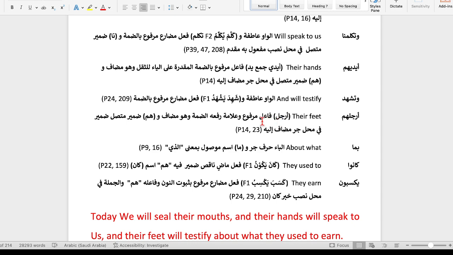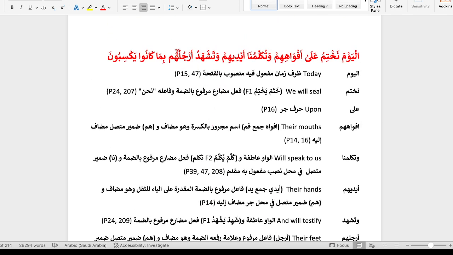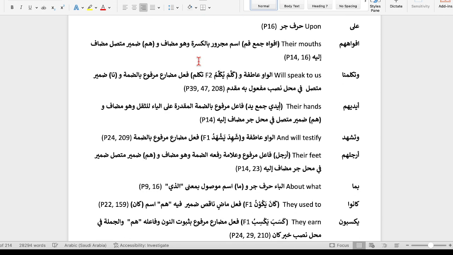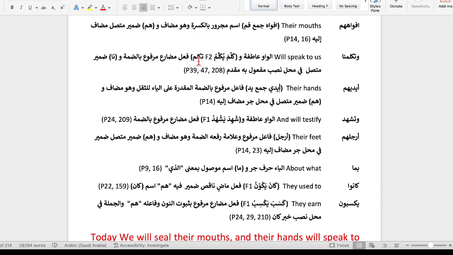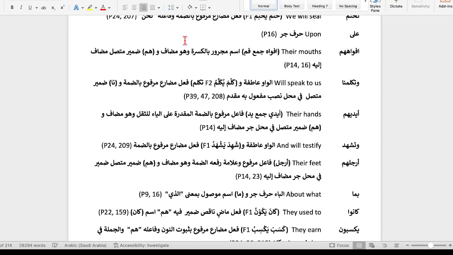Arjulu is fa'il marfu, alamatu raf'ihi ad-damma, and we see the damma here on arjulu. So this is the fa'il for tashhadu, and then this becomes mudaf and hum is mudaf alayh. Sorry, not their hands, their feet will testify.